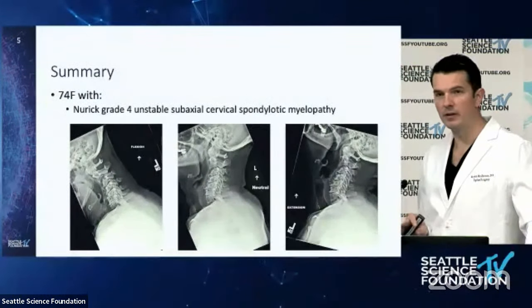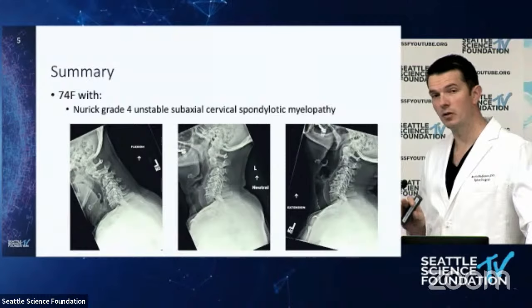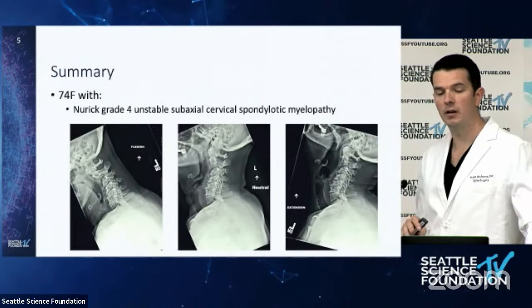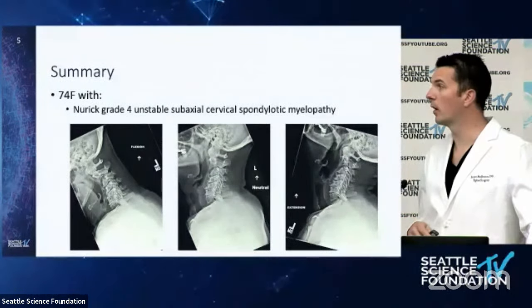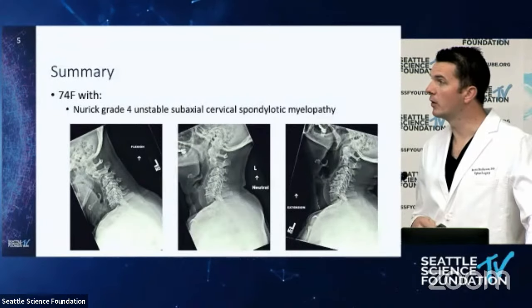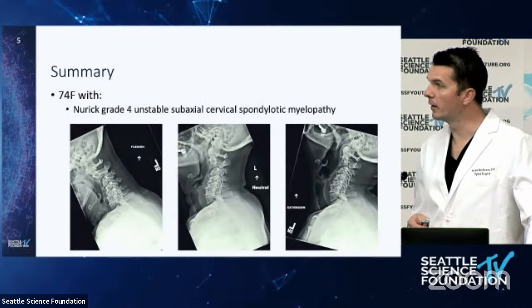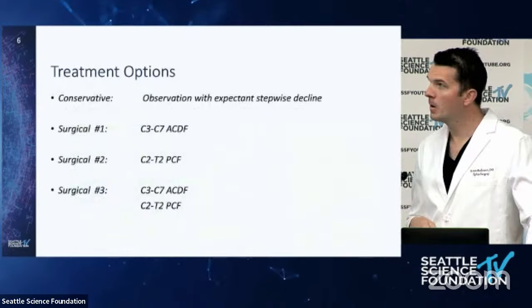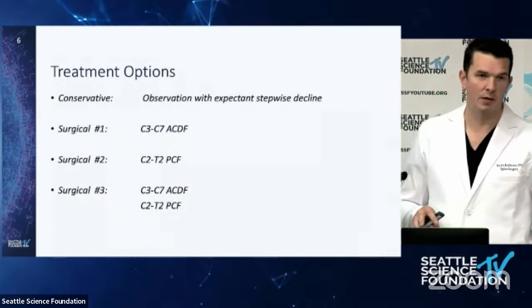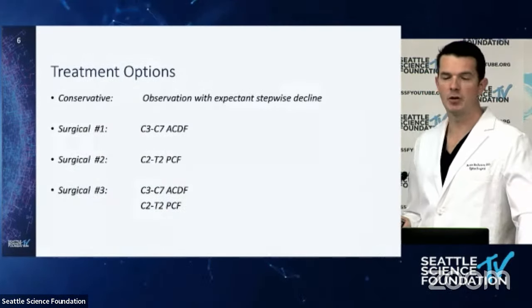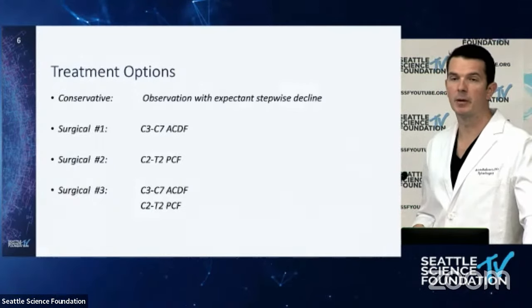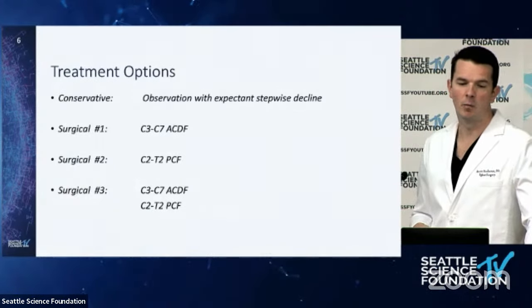So really briefly, 74-year-old female, she has a Nurick grade 4 unstable cervical spondylotic myelopathy. You can see her flexion-extension X-rays right here. So I think this is all common to us, but we've got a few treatment options. We can watch this and understand that there's going to be this stepwise decline with her presentation the next time we see her.